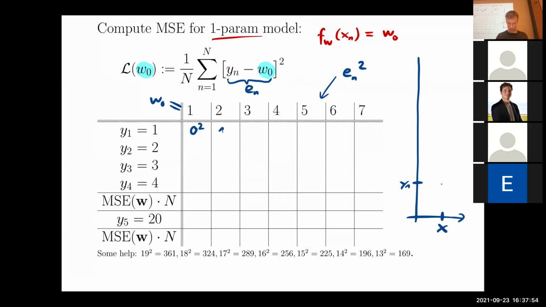If my model is 2, that would be the example here, if my W0 is higher, then you can see I'm too high for my point. I over-predict the data point, so I actually have to pay, and the error is 1, and if I square it, it's 1 squared.